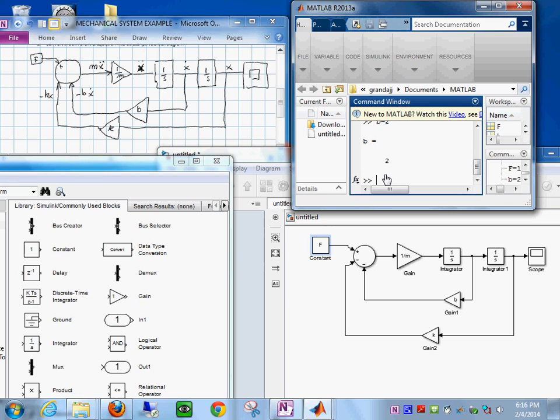We need k equal to 30, just some numbers that may produce a result. And m, oh, I think we did say m already. Not yet, m is 2, and then b, and we did k, and f we already did also.